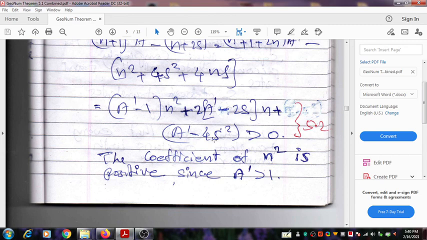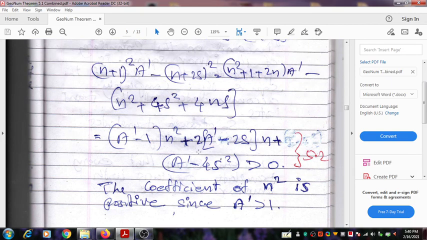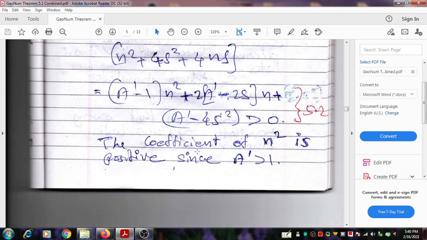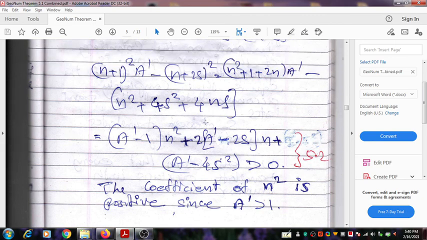That term is written here, a prime minus 4s square, and actually this quantity is greater than 0. It is greater than 0 because of an assumption that we have made.